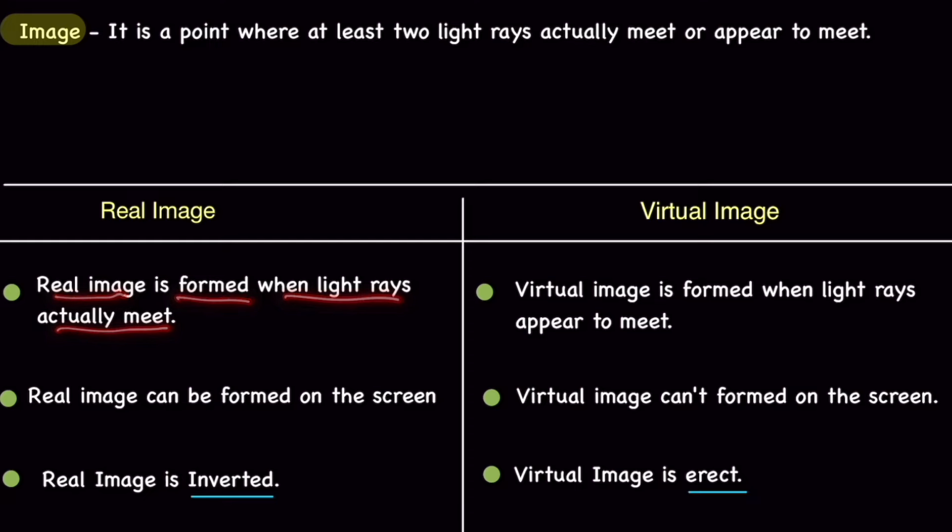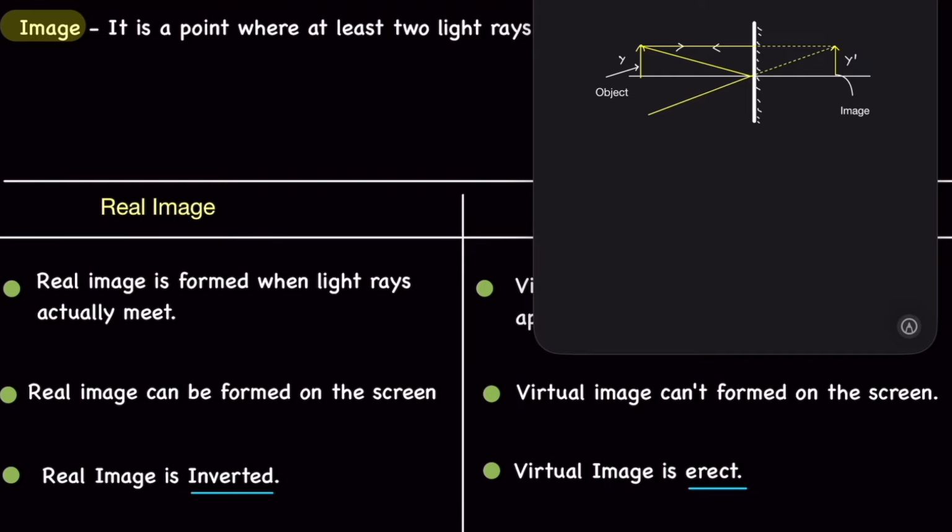I told you in the previous example, in this figure, you see that this is our reflected ray and here is the reflected ray. Both the reflected ray directions are different. But to form the image, the reflected rays need to actually meet or appear to meet.